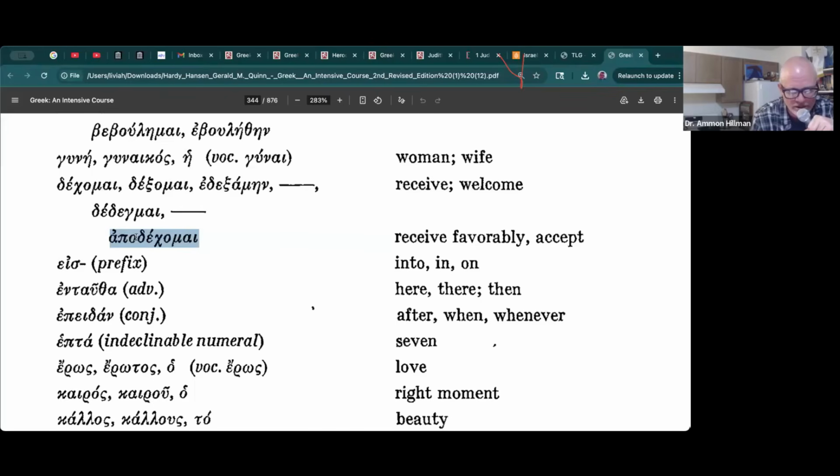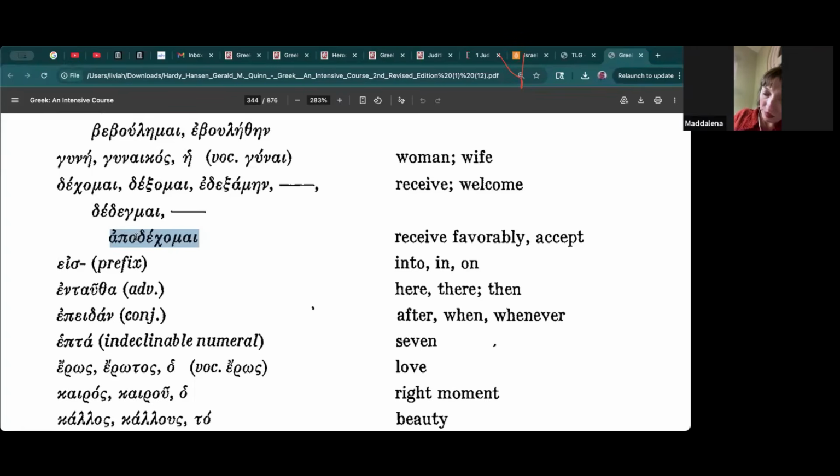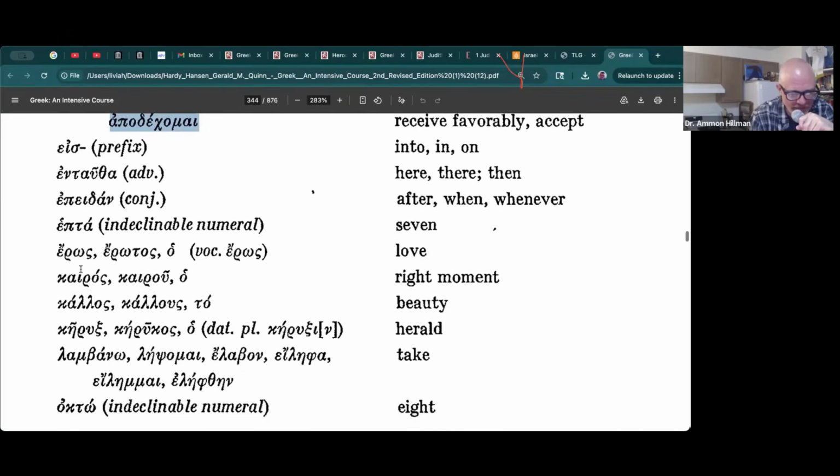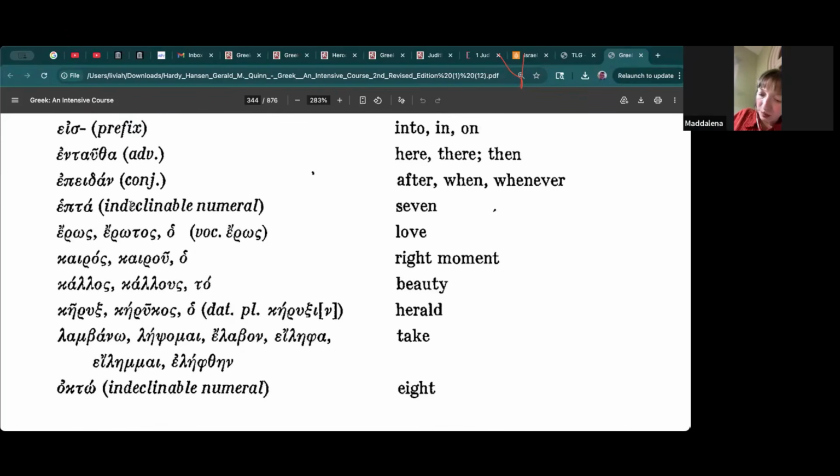It's just dechomai plus apo. So you can receive something, or you can receive something apo. And when you put the apo in there, it means, look, they put favorably, right? To accept willingly. And then they say that you can add the prefix eis, and it means into. Good. Keep going.